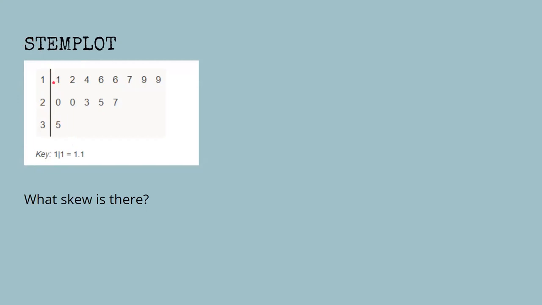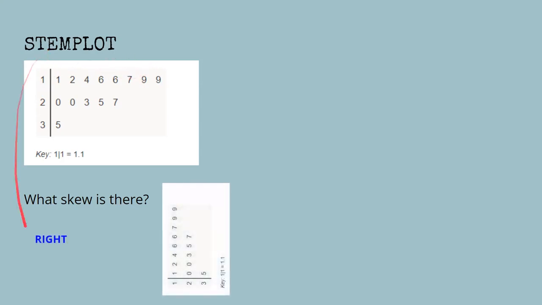You might think, how could you tell a skew? Well, you could turn this over, so there's a right skew. If we turn this sideways, it starts to look more like the dot plot that we just saw.